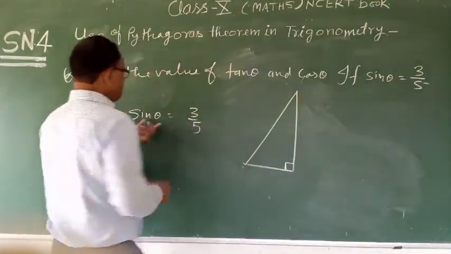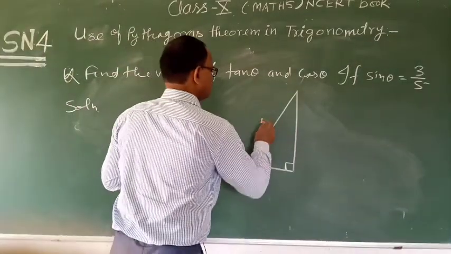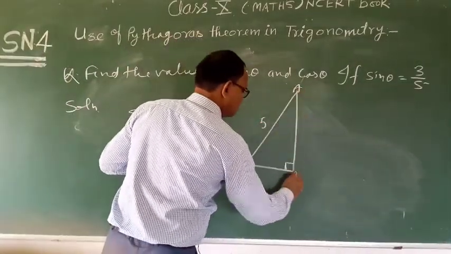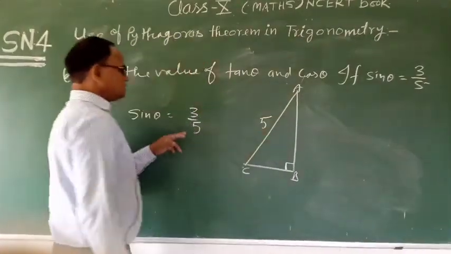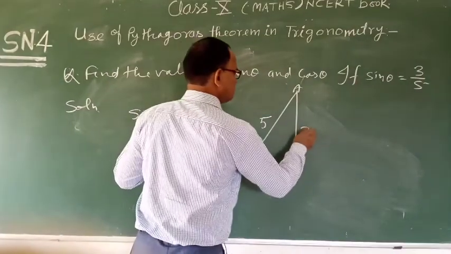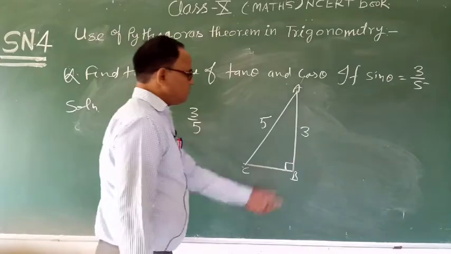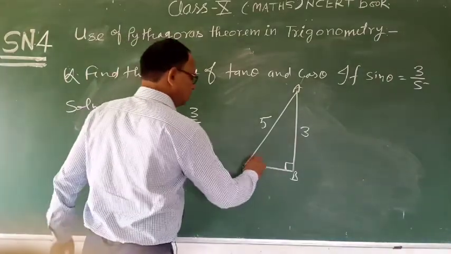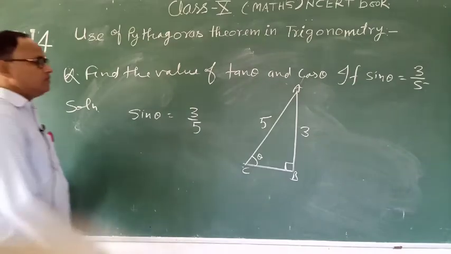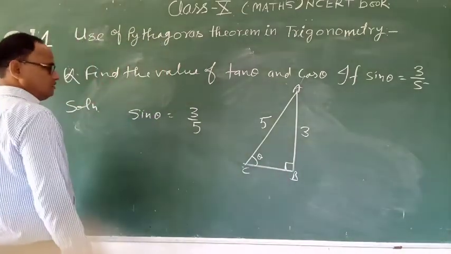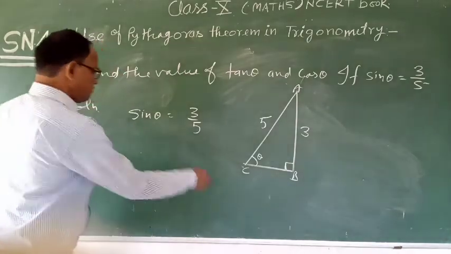Here sin theta is equal to perpendicular line by hypotenuse. In triangle ABC, AB is the hypotenuse and 3 is the altitude. Let this be theta. Then find the value of BC. BC value we find by Pythagoras theorem.